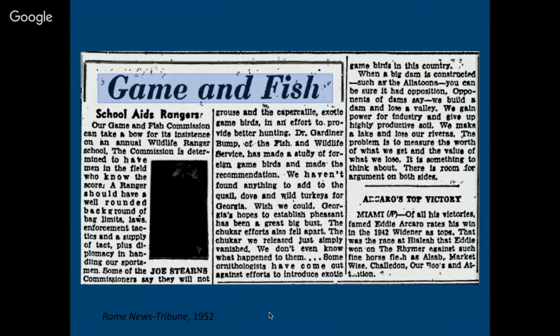The chukar efforts also fell apart. The chukar we released just simply vanished. We don't even know what happened to them. Some ornithologists have come out against efforts to introduce exotic game birds in this country. Blah, blah, blah. There's room for argument on both sides.